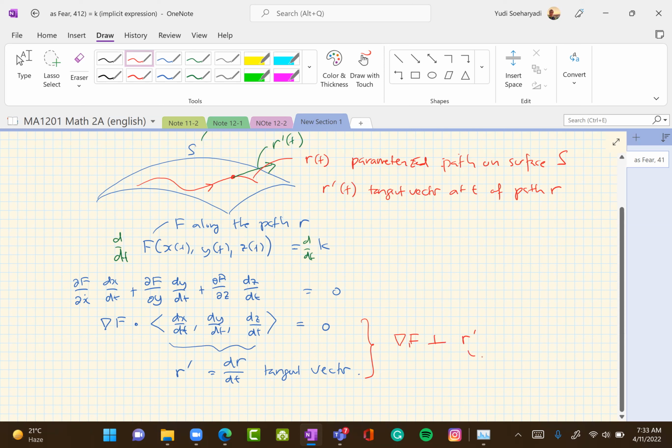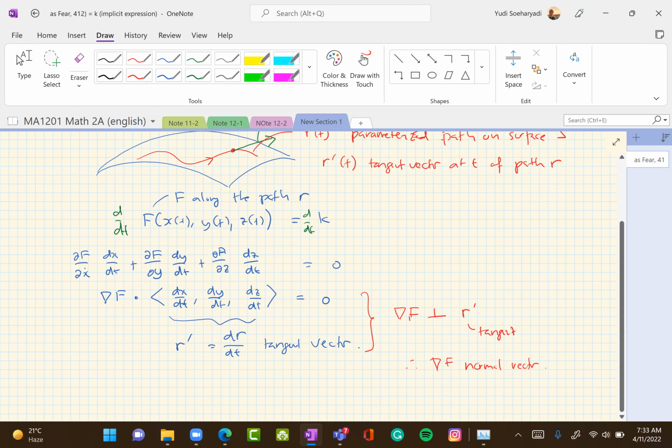So this is perpendicular to the tangent. And something perpendicular to the tangent, let's recall, is the normal vector. Normal of what?